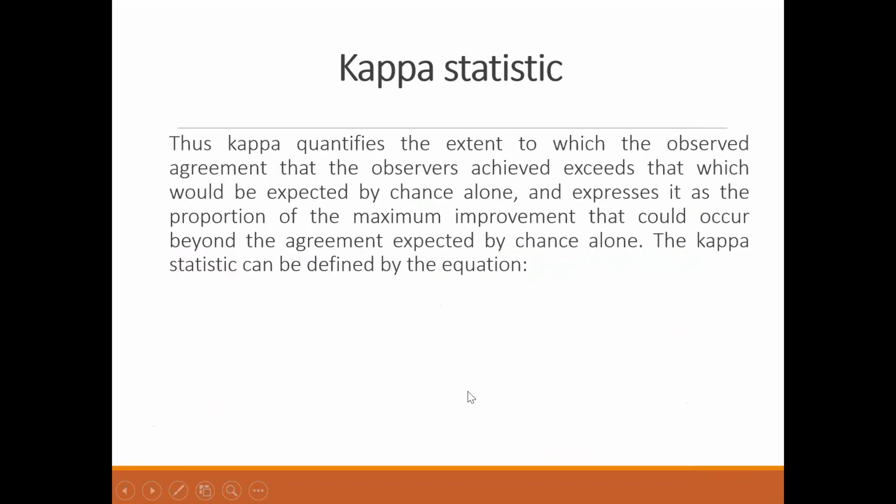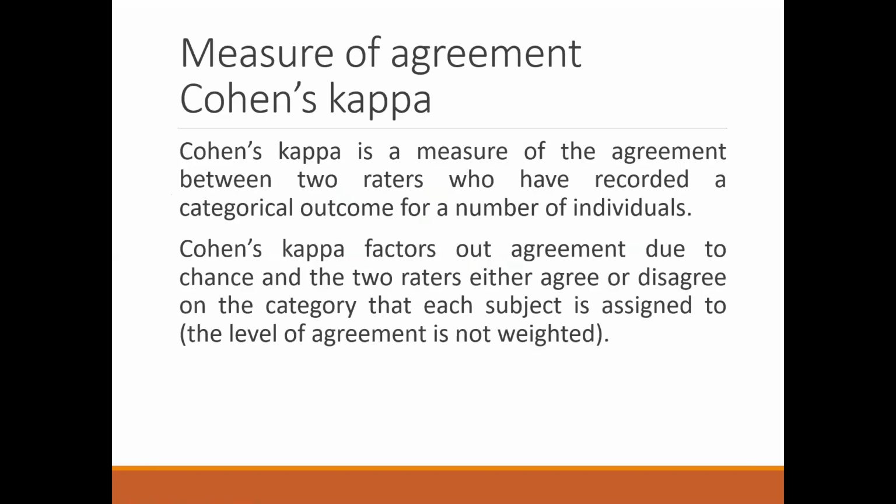Whereas we have kappa statistics, where we want to find the agreement between two raters. If you have two raters, we use Cohen's kappa. Cohen's kappa is used to find out whether the agreement is because of a chance factor or not.